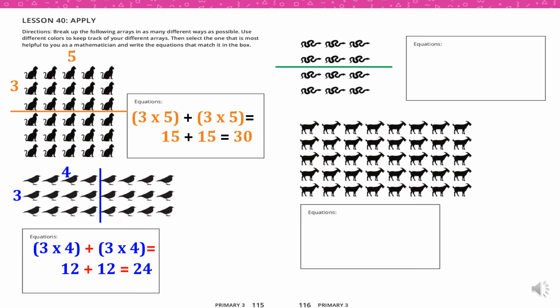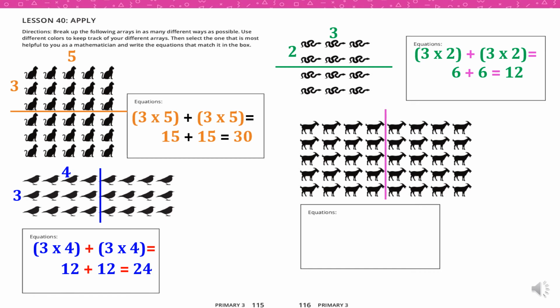Here, the next one, I can split it in a horizontal way like this. The first array will be 3 times 2, and the second will be 3 times 2 also. 3 times 2 plus 3 times 2, 6 plus 6 equals 12.